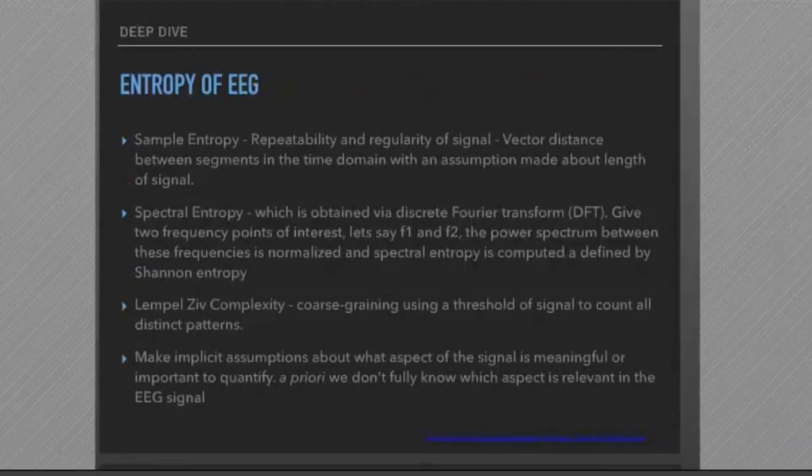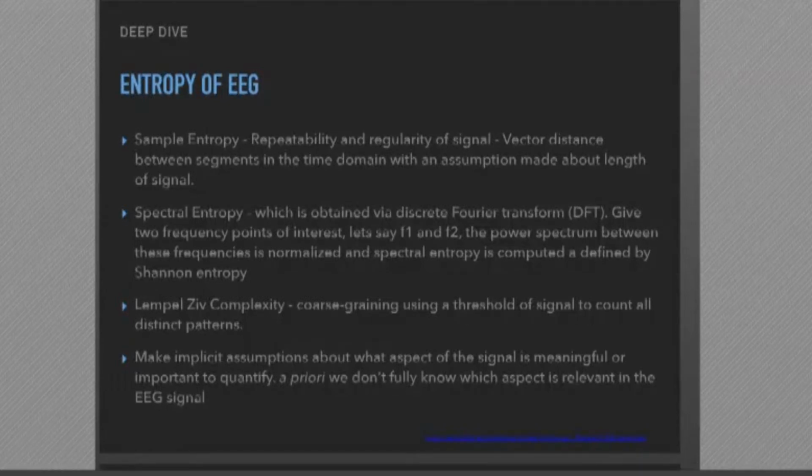In the space itself, entropy of EEG is calculated in many different ways, and I'll be talking about three different ways today. And entropy of EEG can be thought of as how repeatable or how regular the EEG signal is. For instance, one of the popular measures is sample entropy.